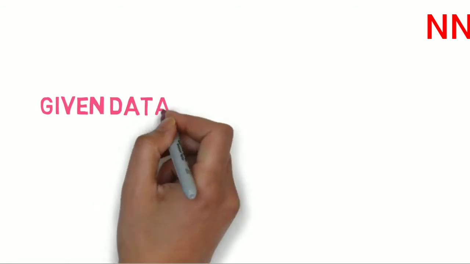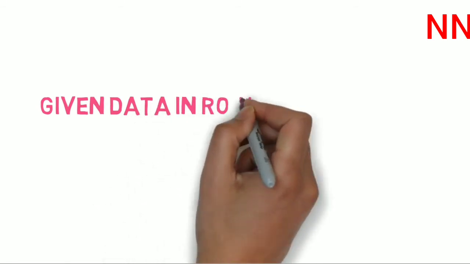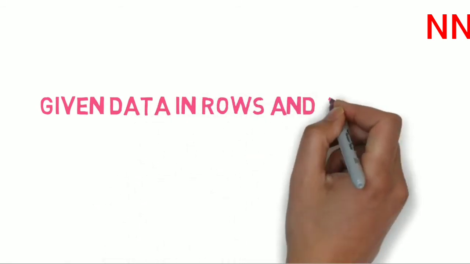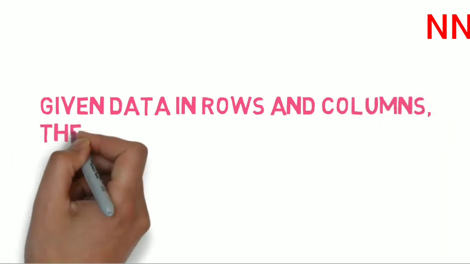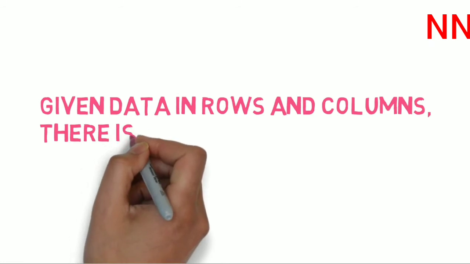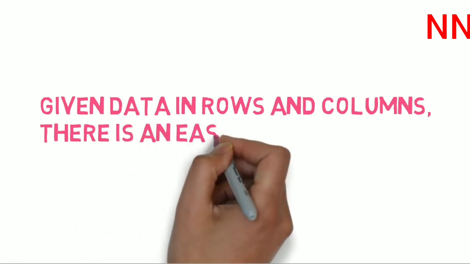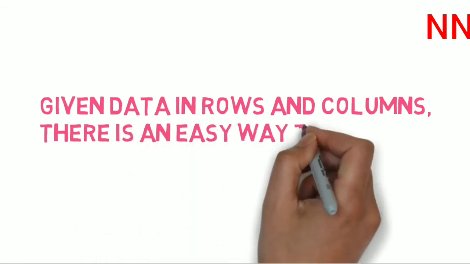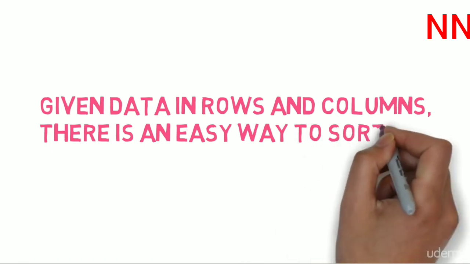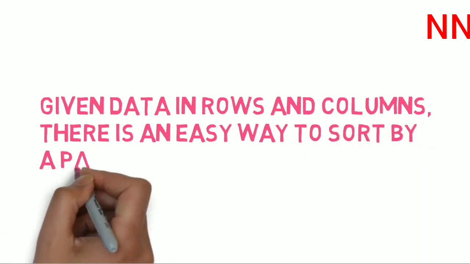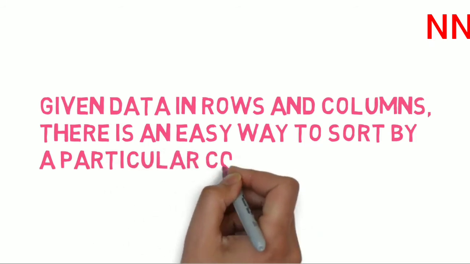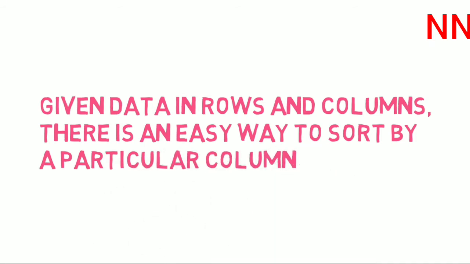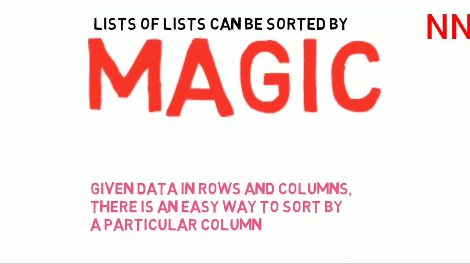So, given data which is arranged in rows and columns, there's a way to sort this data by a particular column in a very easy way using just one line of code.